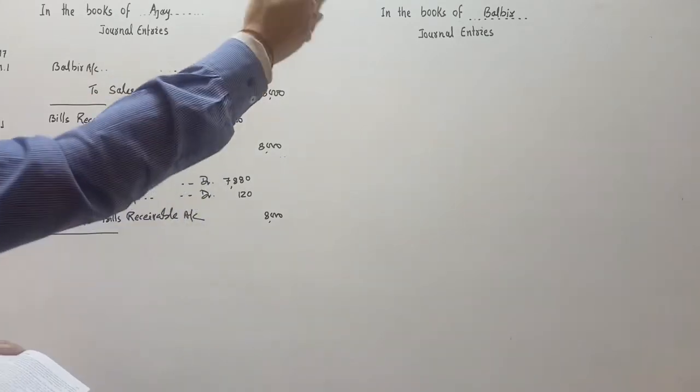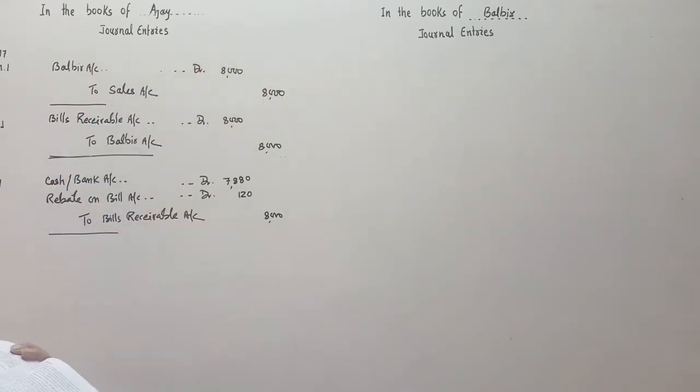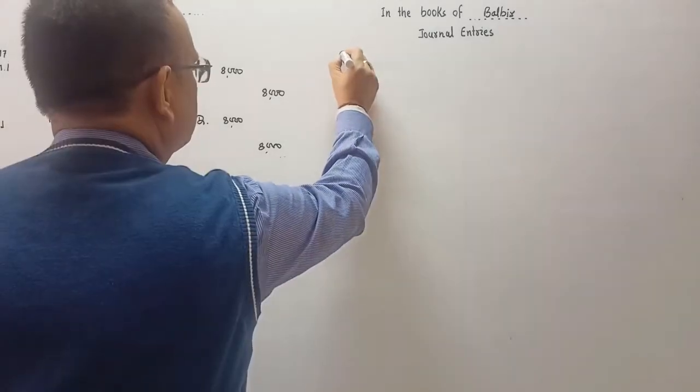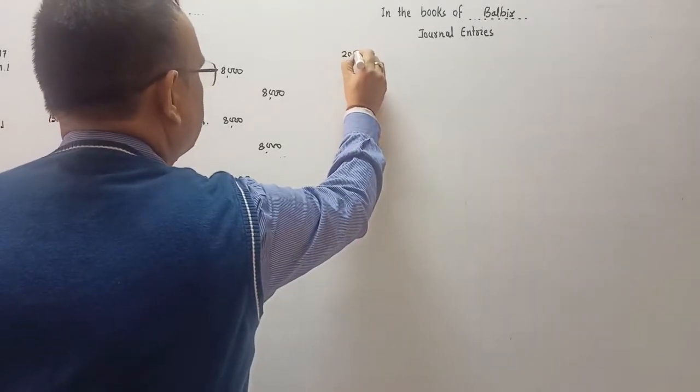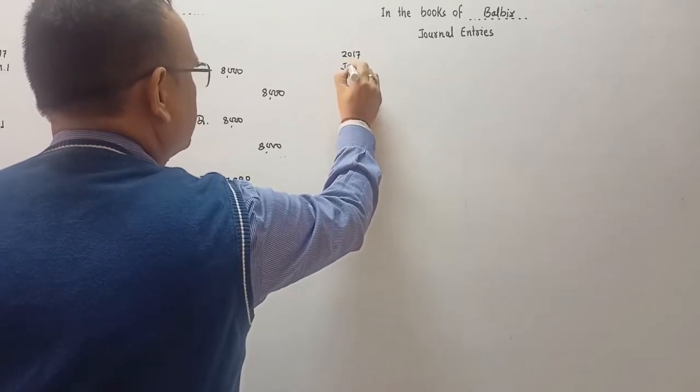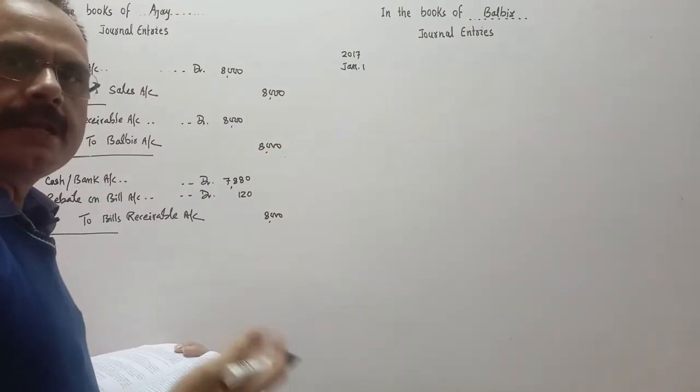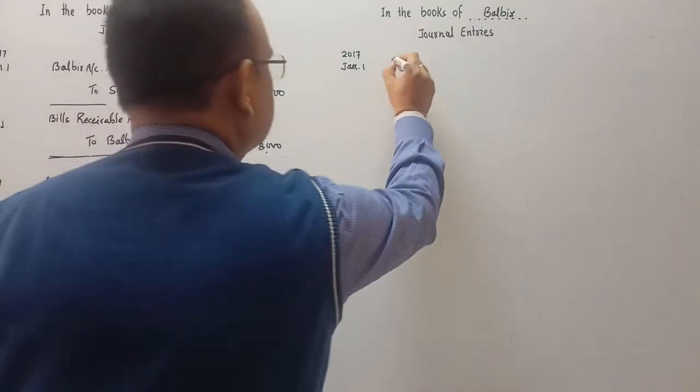Now the same entry will be done in the books of Balbir. Balbir is the purchaser. When Balbir purchased the goods, he will do the entry on 2017 January 1st. For Ajay it's a sale, but for Balbir it's a purchase.